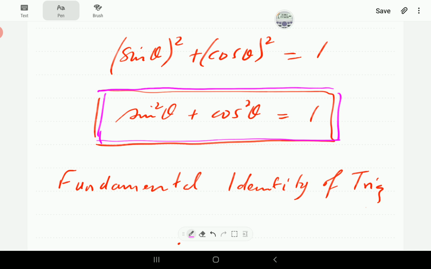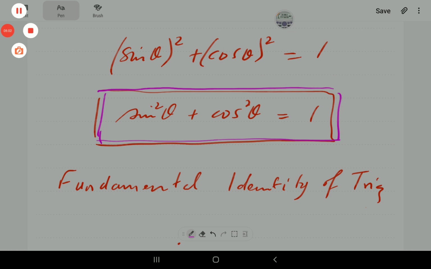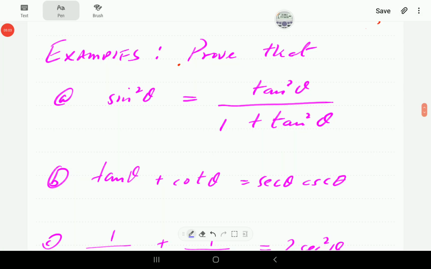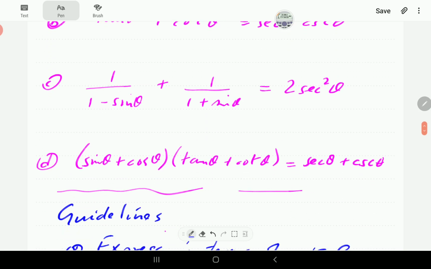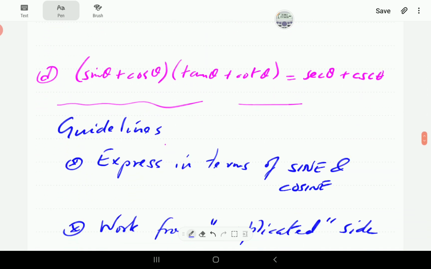I am going to do 3 examples, and then I'll give you 1 to go through. So suppose we have these trigonometric identities to prove. We're going to do A, B, and C, and then we're going to give you a chance to work through D.